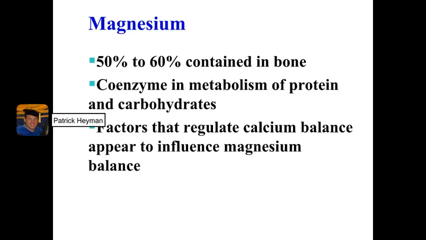That's going to become very, very important when it comes to cardiac patients. Magnesium acts as a coenzyme for a lot of things, and one of the things magnesium helps do is regulate the heart cycle. So if you have a patient with low magnesium, they tend to have dysrhythmias and weakness of the heart.